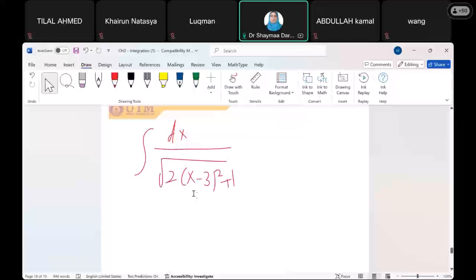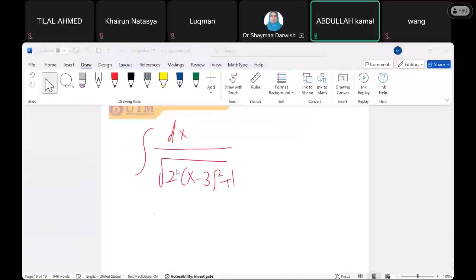Which formula? I need to arrange my integration first. This one is a quadratic equation. How do I know this is a formula? This one is a constant, this one is a quadratic equation, you have square plus constant.